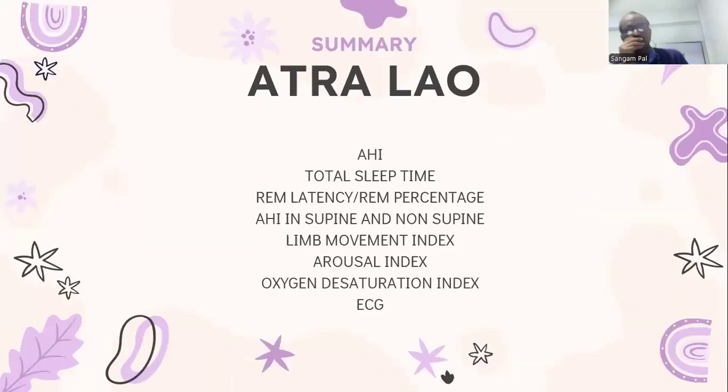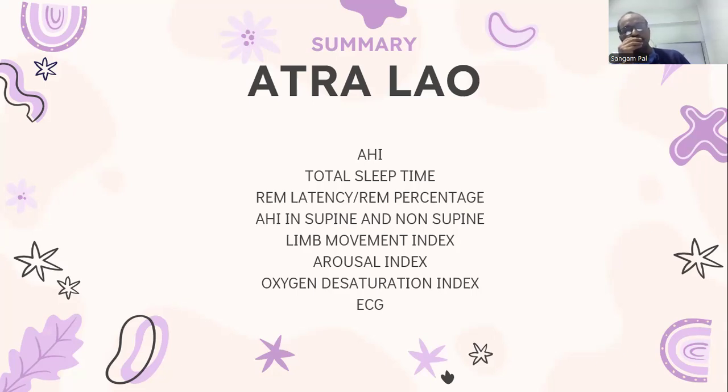So this is the mnemonic which I have made to summarize my talk. These are the things we have to see, we have to write on a paper, and we have to see all these things in a sleep study. The mnemonic is atra lao. So A is apnea hypopnea index, to know the severity of obstructive sleep apnea.